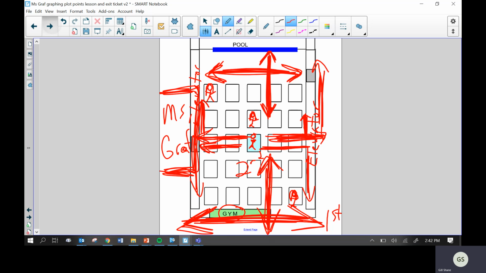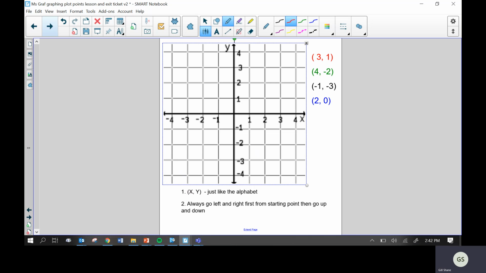So now let's apply that real quick. If this is my X and Y axis, this is my coordinate plane, my graph. I have an X axis, which is right here. X is always the horizontal axis. Y is always the vertical axis. So again, this is the X axis.